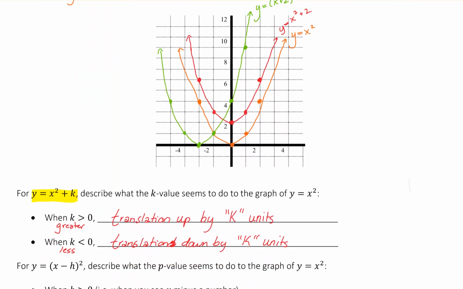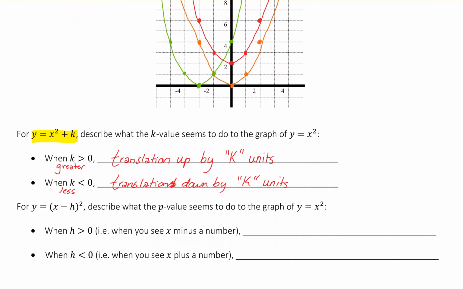Okay, this one is a little bit trickier though. Sorry, this should say h value, not p. For y equals (x minus h) squared, describe what happens. Well, when h is greater than 0, here our h value was +2.